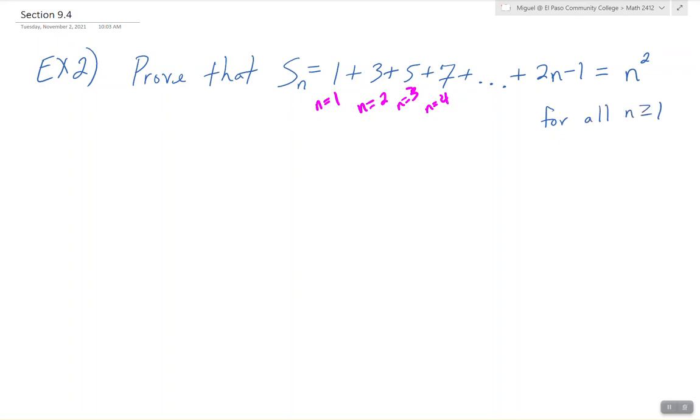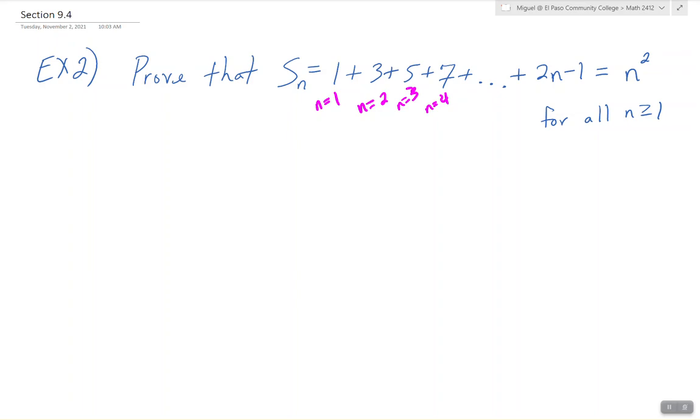Obviously n cannot be -2 or something like that. We start with 1 and then 2, 3, 4, and it goes from there. So this is how we'll start the induction process. Let me do this example and then I'll show you the official definition of induction that they have here.